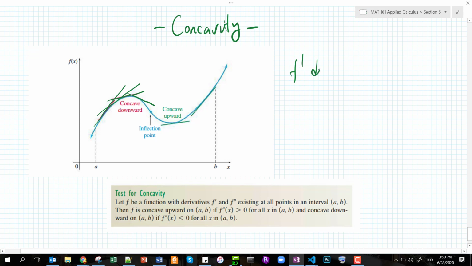If my first derivative is decreasing, what can you say about its derivative? If you remember from the first section, if my function was decreasing, then my derivative was less than 0. So can I use the same logic for my first derivative? Now this is my function, the first derivative. If my first derivative function is decreasing, what can you say about the second derivative? The second derivative is going to be less than 0.